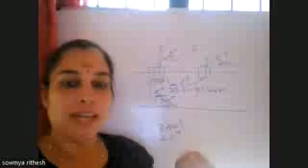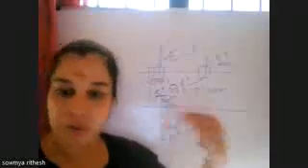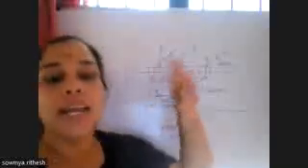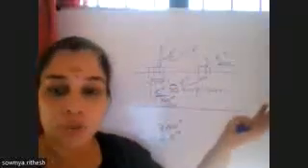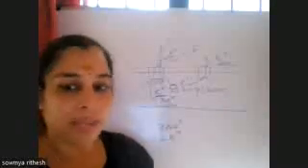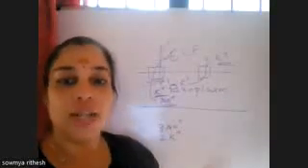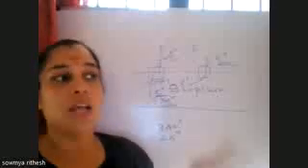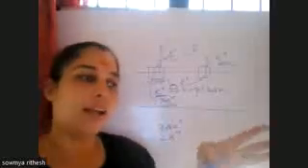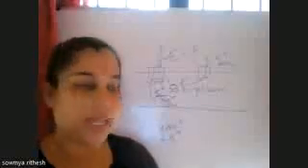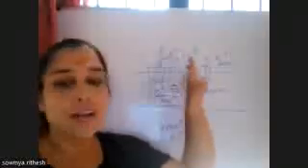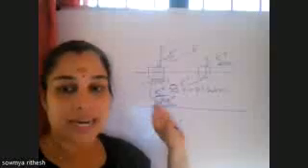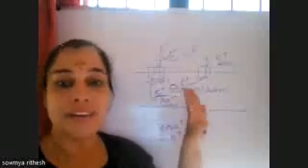So more positive ions are going outside and fewer positive ions come inside. Wherever the positive ions are, negative ions are also there. So more positive ions go outside, and inside more negative ions remain.